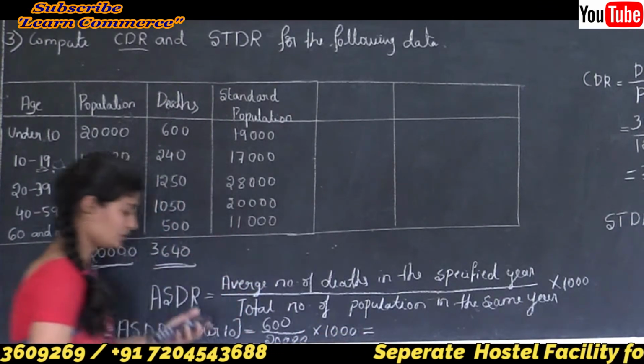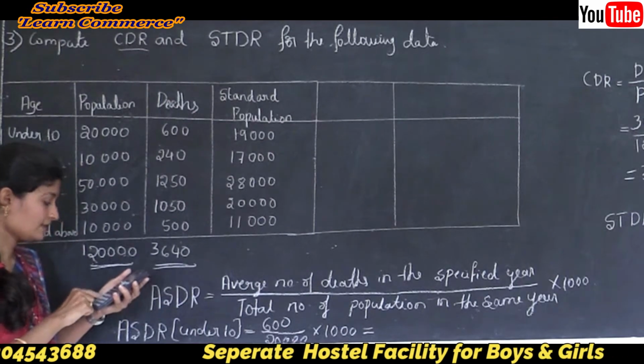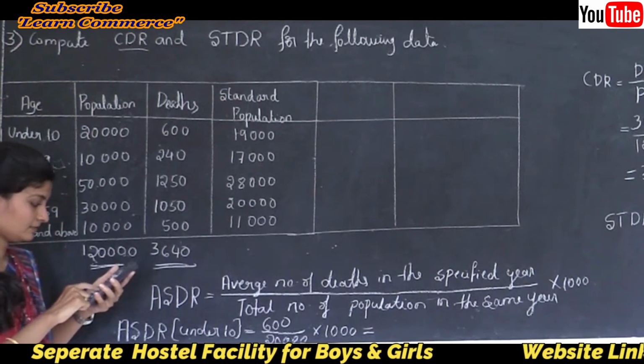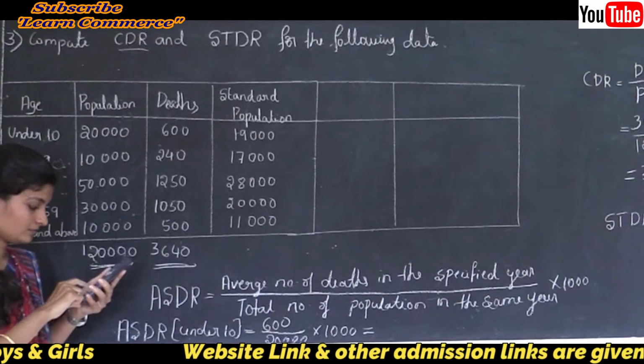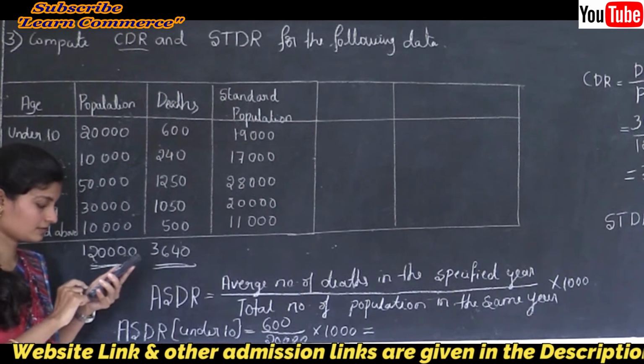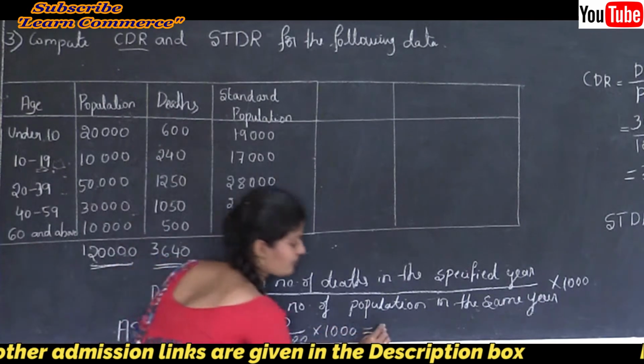That is 600 divided by 20,000 into 1000, that is 30.